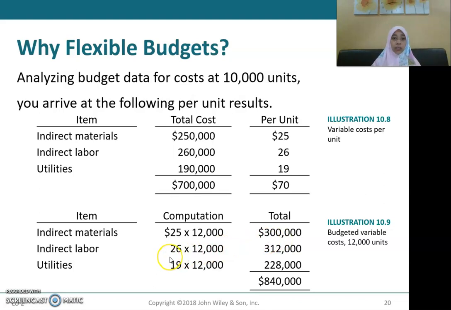You do the same thing for your indirect labor, 26 per unit times 12,000, you will get 312,000, and for your utilities, you will get 228,000. So in total, you have 840,000 instead of 700,000. Remember, the 700,000 is for 10,000 units, whereas your 840,000 is for the 12,000 units.